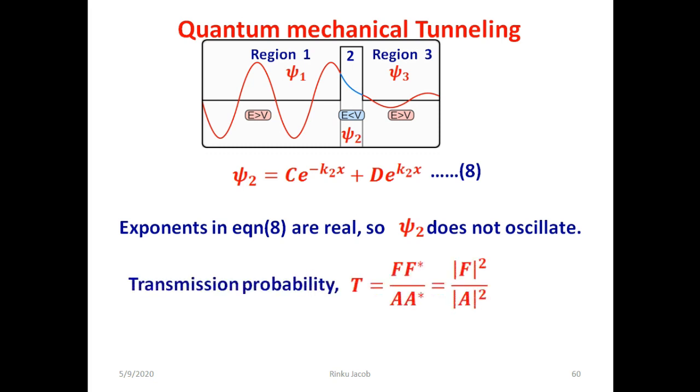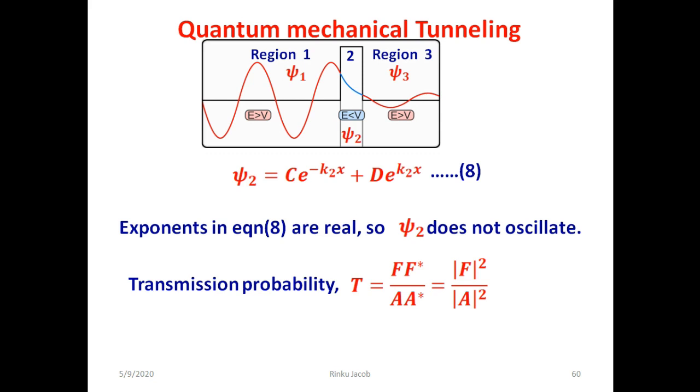Now we find the transmission probability. Transmission probability is the ratio between the probability of finding the particle in region 3 to the probability of incident particles hitting the barrier from region 1. That is T = F*F/A*A, or it is equal to |F|² divided by |A|², where F is the amplitude of the transmitted waves to region 3 and A is the amplitude of the incident wave in region 1.